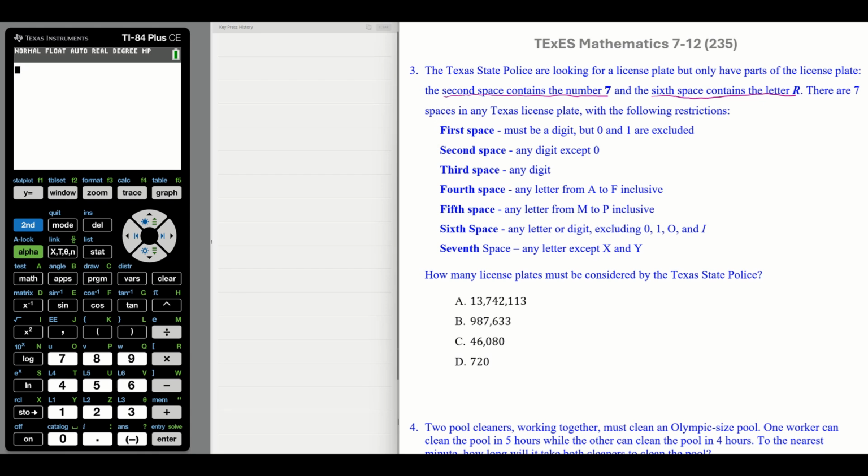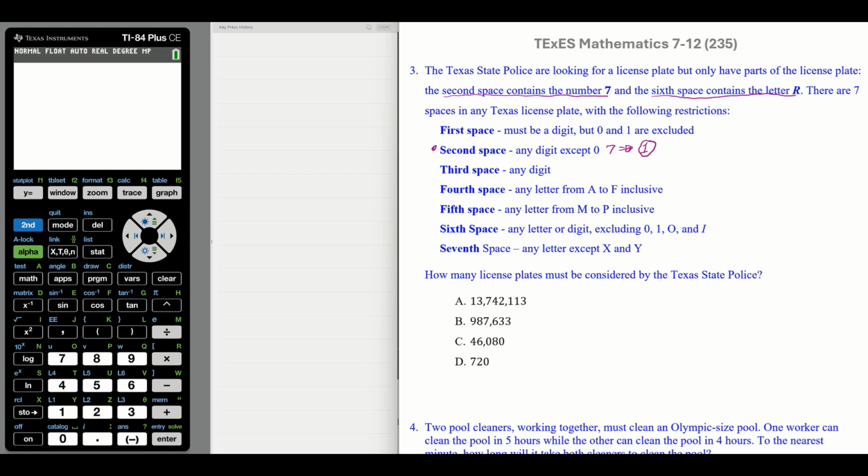Okay, so before we move on, let's put in for the second space. Remember, it said the second space contains a 7. Because that's a 7, this implies that we only have one option for that one.